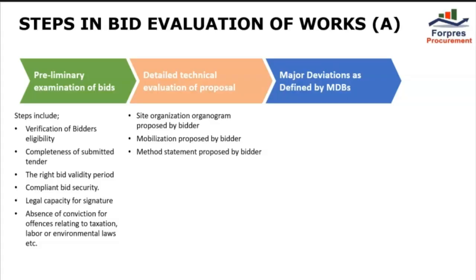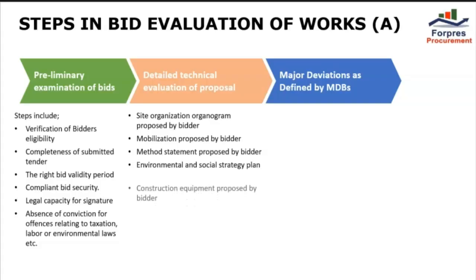The construction work plan proposed by the bidder must be conducive for timely completion of the works by the stipulated completion dates. The environmental and social management strategy and implementation plan proposed by the bidder must be adequate to meet the environmental and social works requirements and demonstrate that the bidder will engage the required health and safety officers, environmental and social and community engagement specialists as required in the bidding documents.